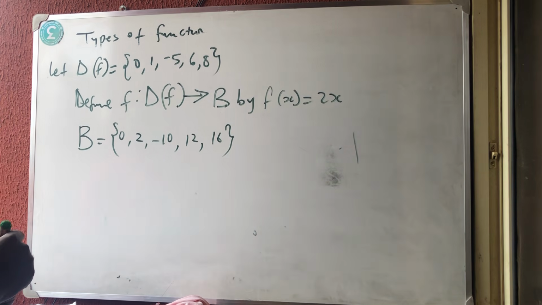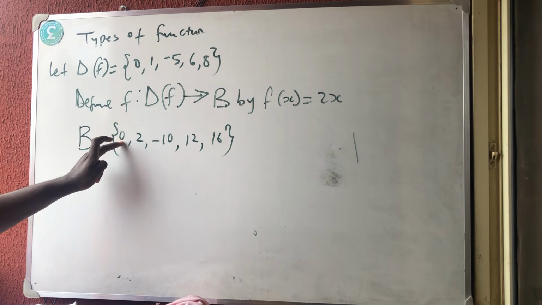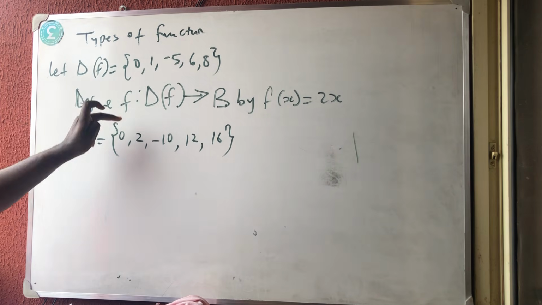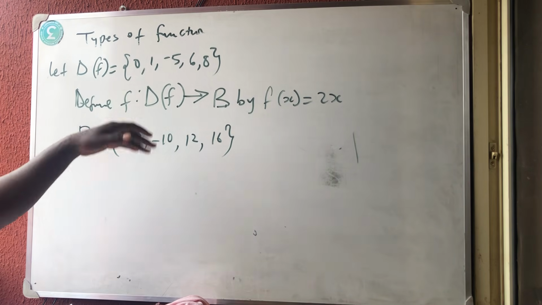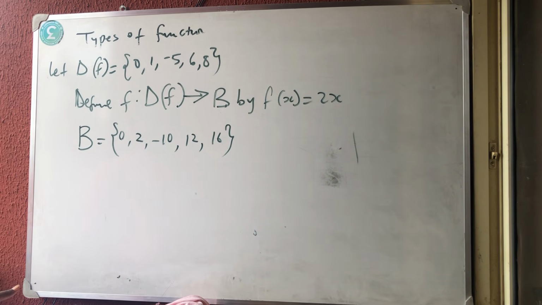So I'm having this. Now, can you call this function one to one? Yes, because one person is producing one thing, one person is producing one thing, one to one is correct. Can you call it identity? No, only this and this are identity, but since every other one is not identity, it is not an identity function. Do you call it a constant function?